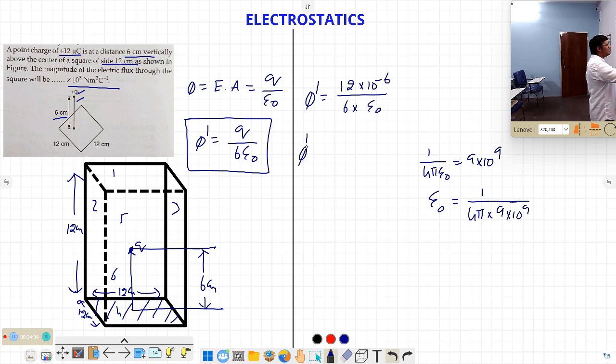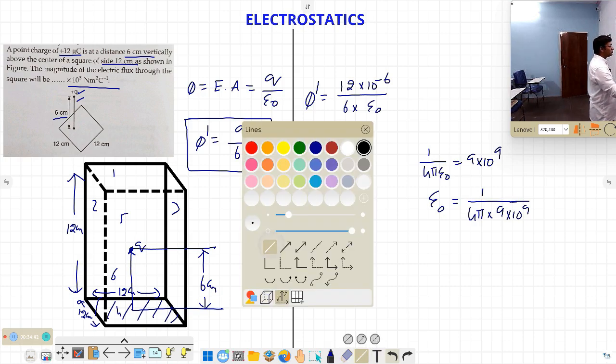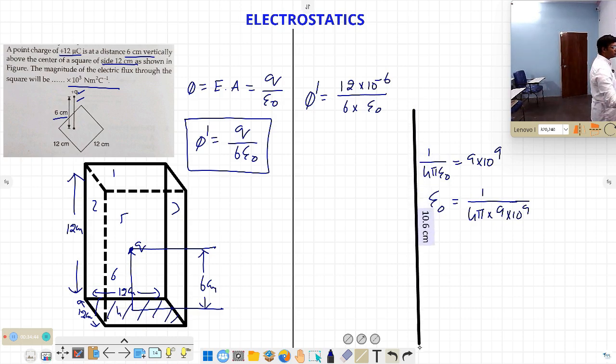That means flux is equal to, what can I write here, the flux across that face is equal to: 6 and 2 we can cancel, 2 into 10 power minus 6 into 1 by epsilon naught, which I can write as 4 pi into 9 into 10 power 9.